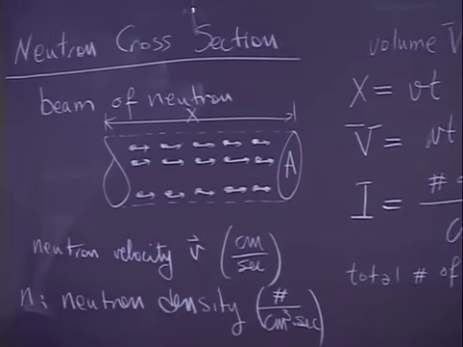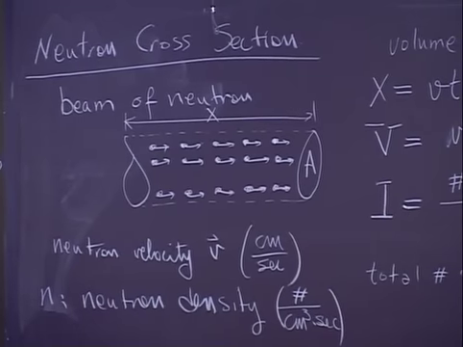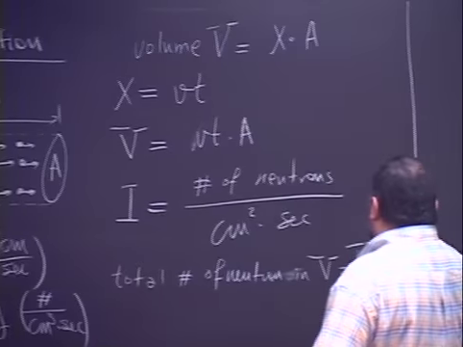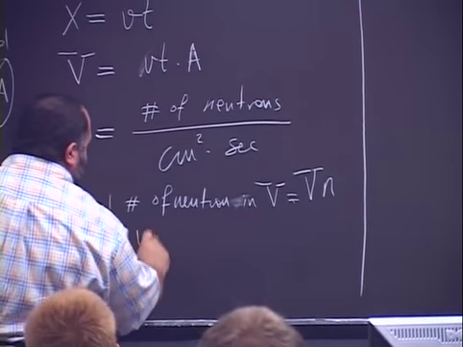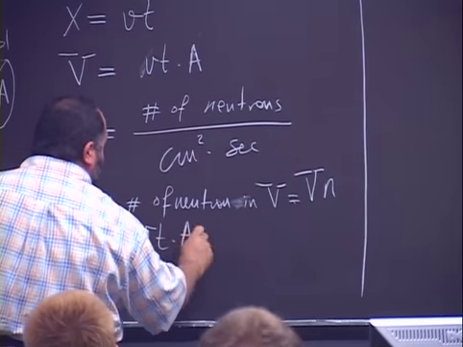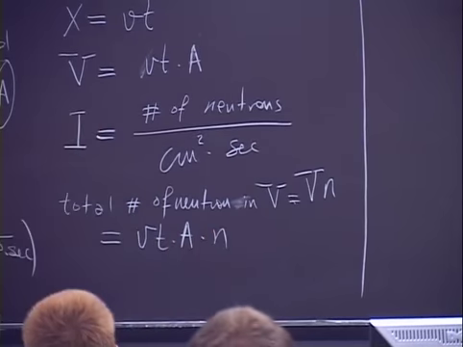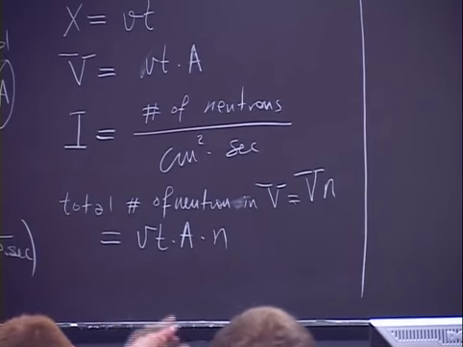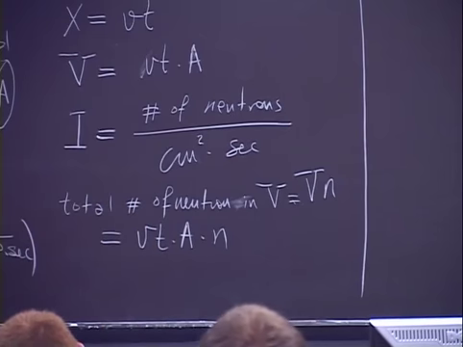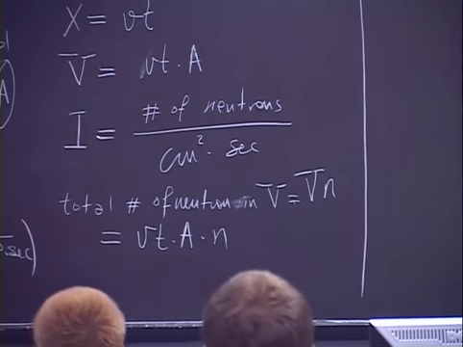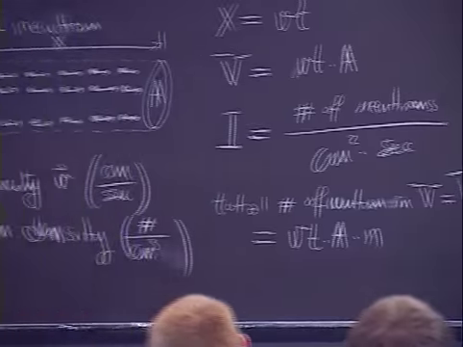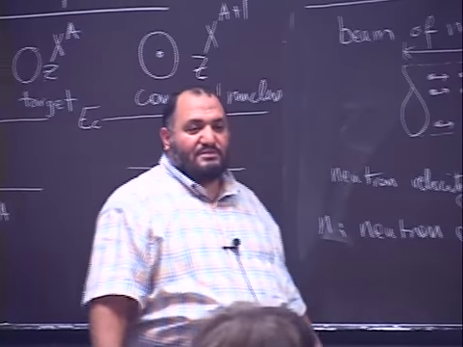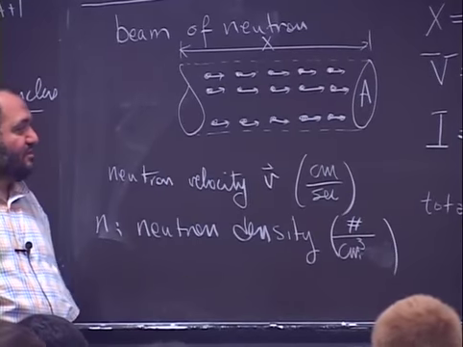This is the volume V multiplied by n, and volume V is Vt multiplied by A multiplied by n. This is the total number of neutrons inside this volume. Neutron density, are you sure it's per second? Because your units are conflicting. Sorry, you're right. It's a number per centimeter cube. Thank you for the correction.